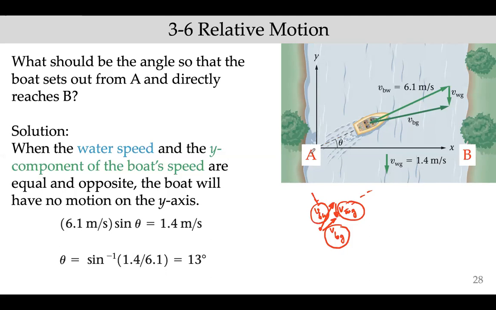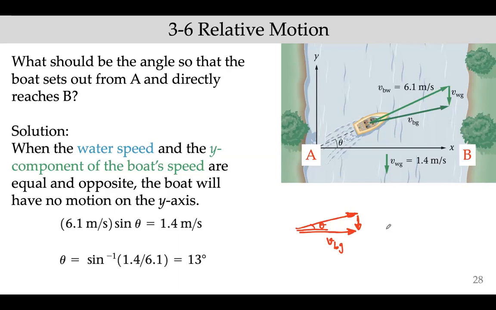We want to go from A directly to B. So what you have to do is maybe you have to have some angle in this direction, that theta. And if the velocity of the water is exactly this much, so the velocity of the boat with respect to the ground will be exactly, it will be due east, right?